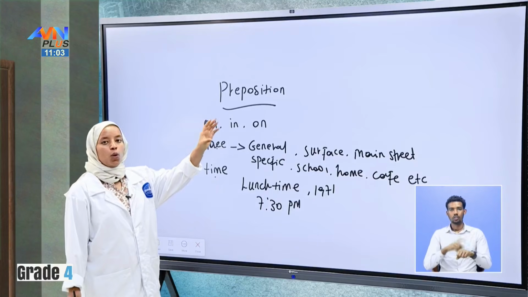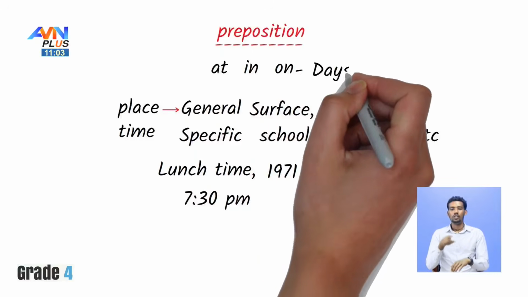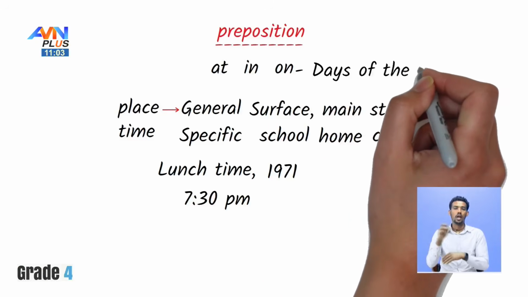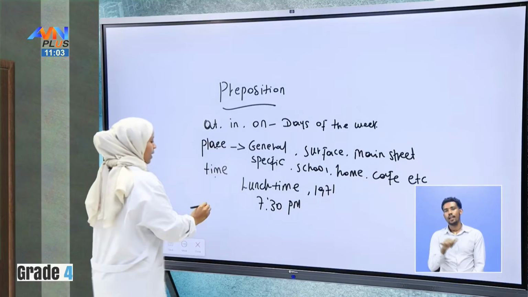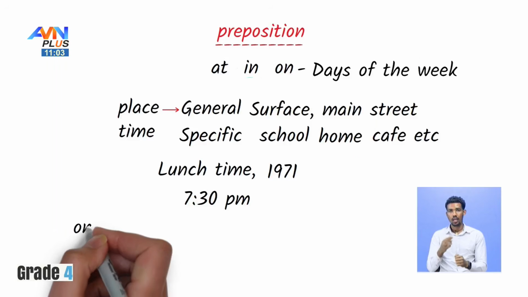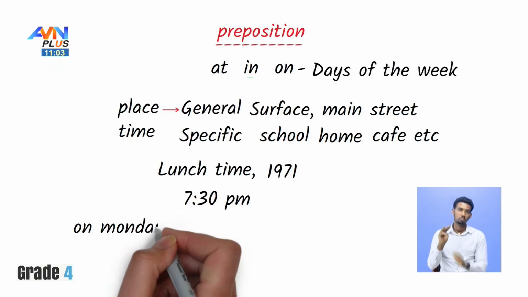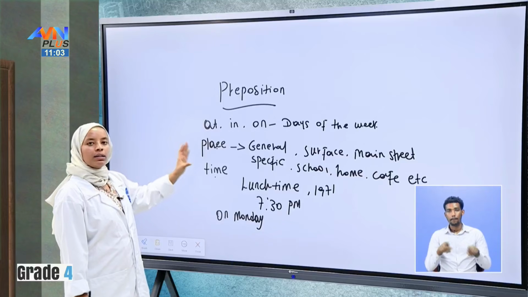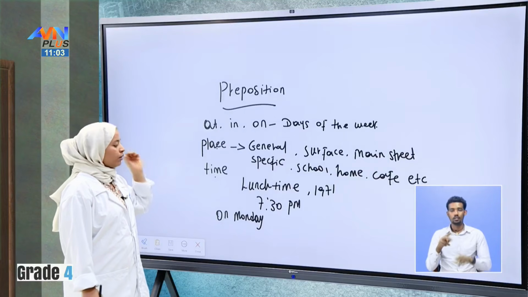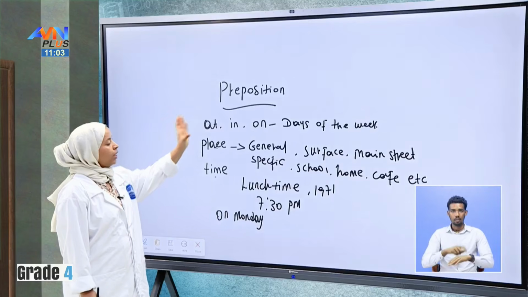When we come to on, we can use it for days of the week. Like we can say on Monday, Tuesday, and so on. But when we come to at, it's a very specific time, like lunchtime, break time. Also, it can be included at.